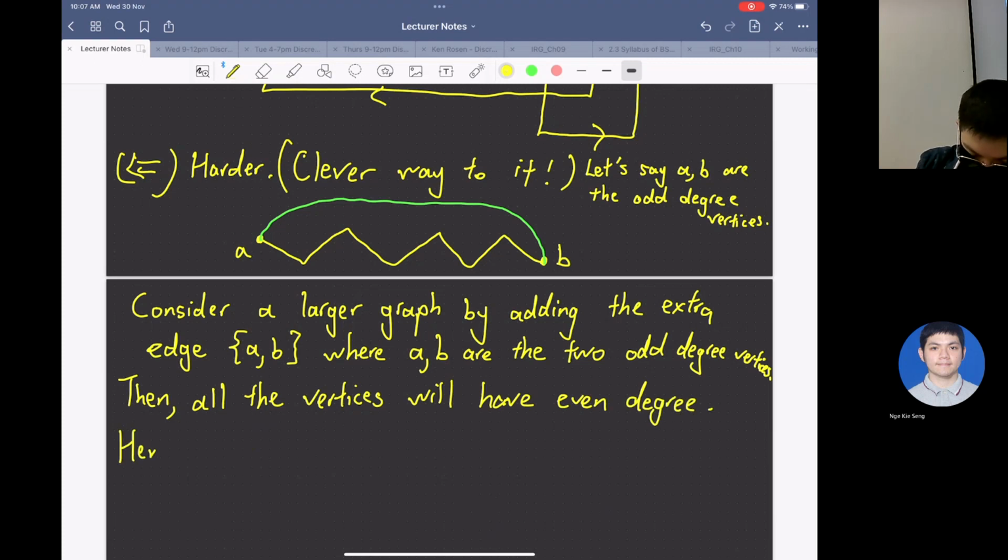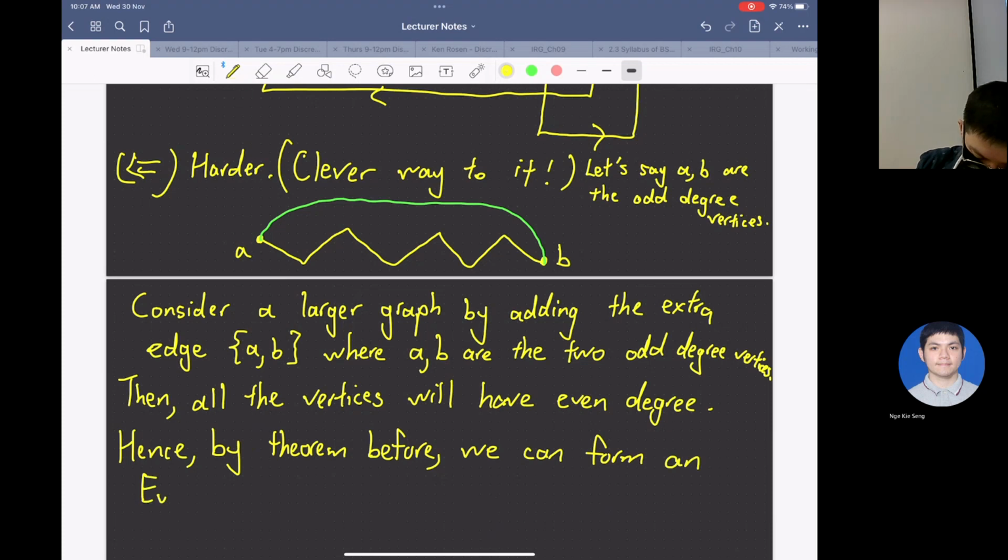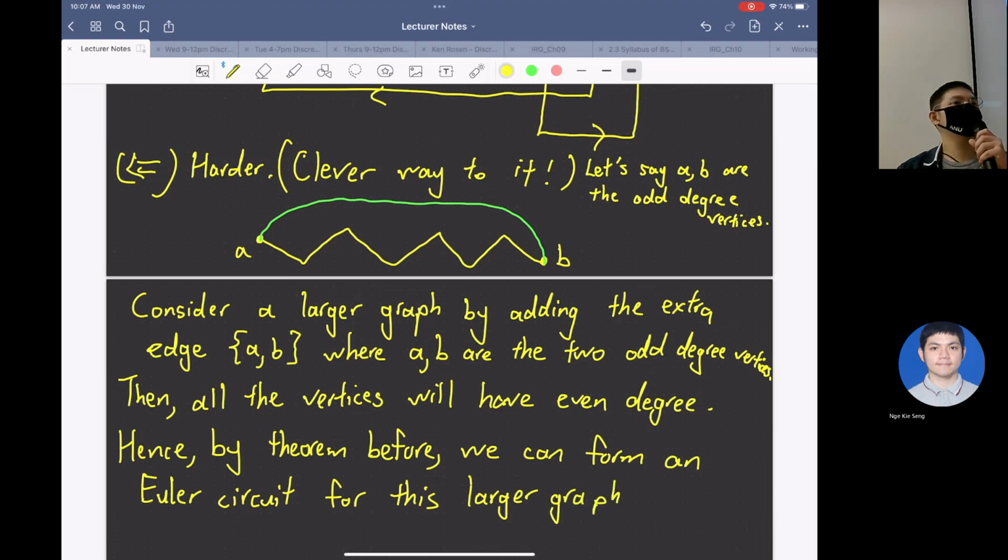Hence, by the theorem before, we can form an Euler circuit for this larger graph. So how do we get the Euler path? You just erase the extra edge.